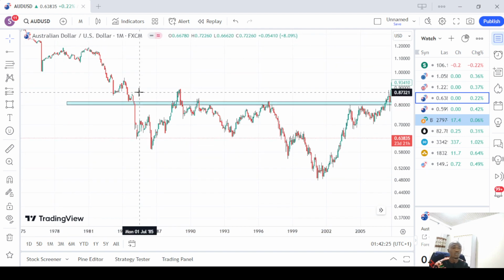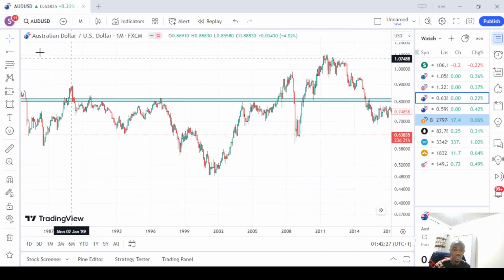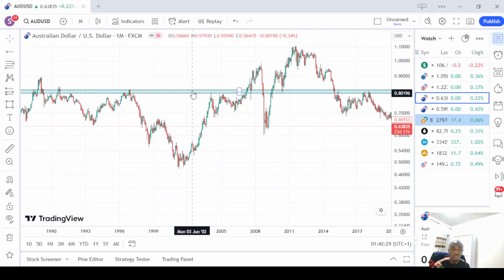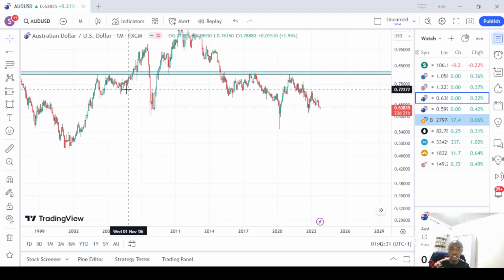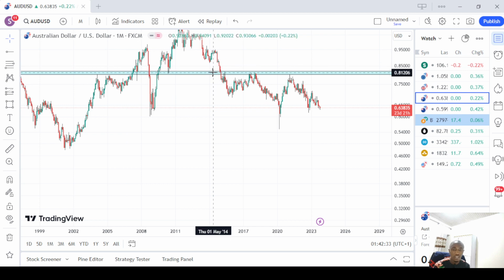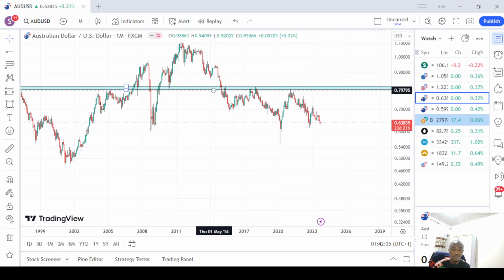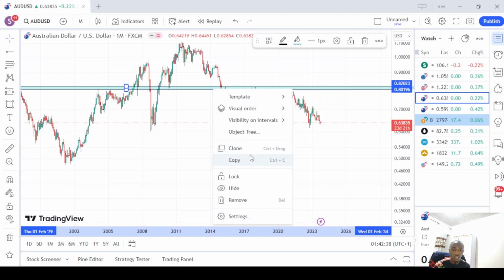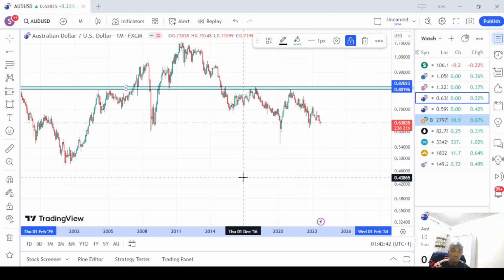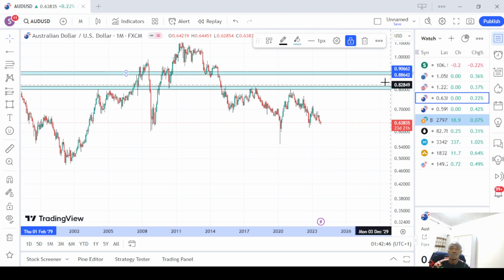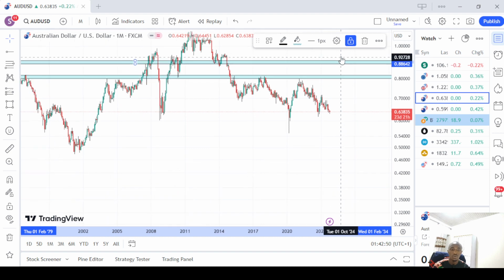You draw them very small on the monthly. Let it be slim on the monthly so that it won't occupy space once you go down to lower time frames. Once you go down to lower time frames, it will be easy for you.